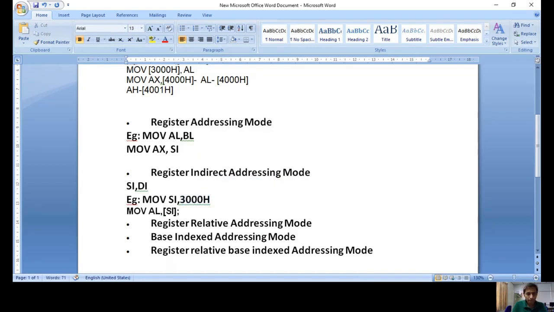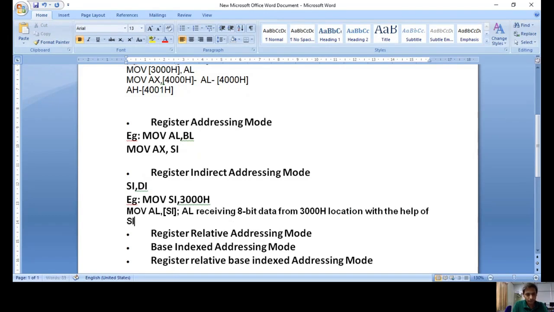My AL is receiving 8-bit data from the 3000H location with the help of the SI register. This type of addressing mode is called register indirect. Indirectly, we are accessing data through a register from memory.